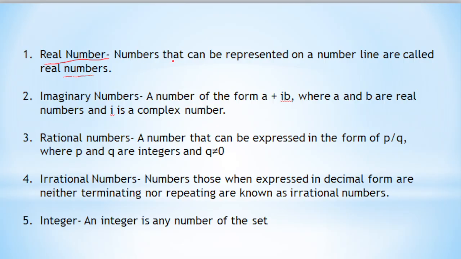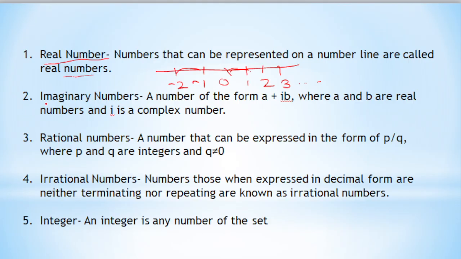That means the numbers which can be represented in a number line are called real numbers. That means the number which lies between these numbers can also come under real numbers.